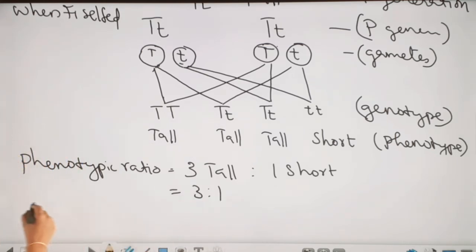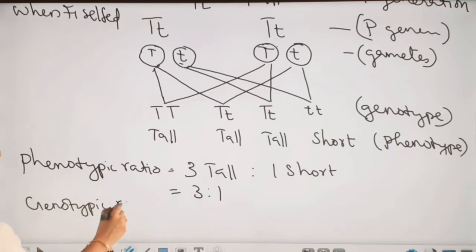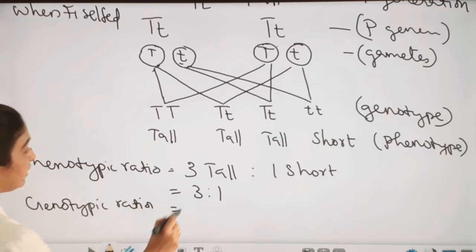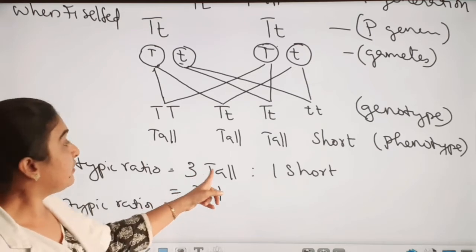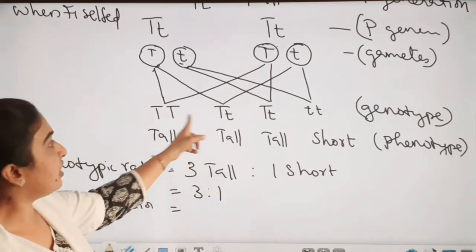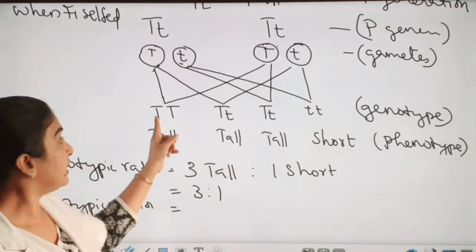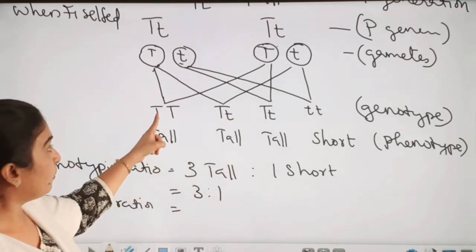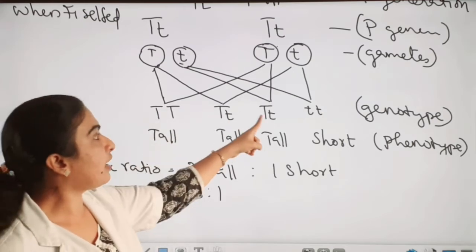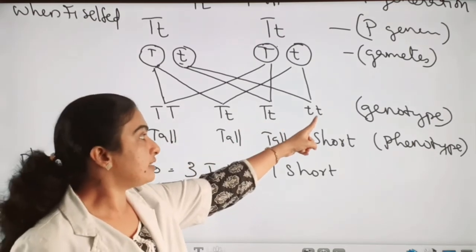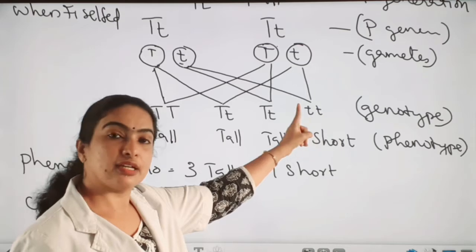Okay, let's see the genotypic ratio. So for genotypic ratio, we have to find the genetic makeup. That means 3 tall means here genetically some differences are there. This is a homozygous tall and these two are heterozygous tall and this short plant is homozygous.